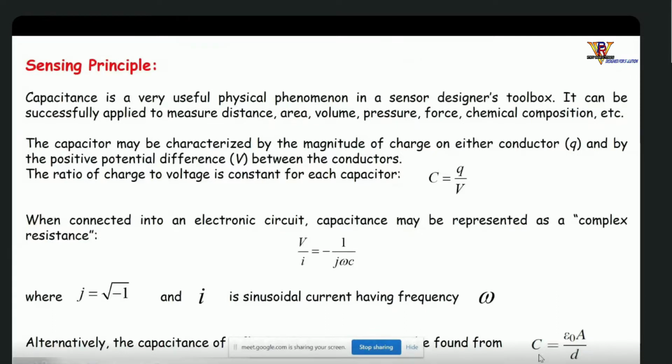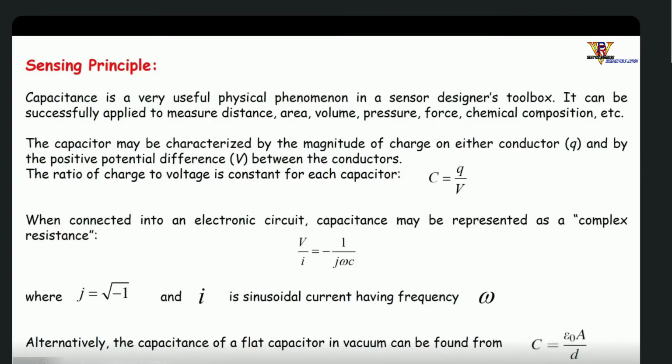It will present a complex resistance given by this expression: V by I equals minus 1 over j omega C, where j is a complex number whose value is the square root of minus 1, and I is the sinusoidal current at a particular angular frequency omega. Otherwise, omega is 2 pi f. So this I is the sinusoidal current of frequency f or angular frequency omega.